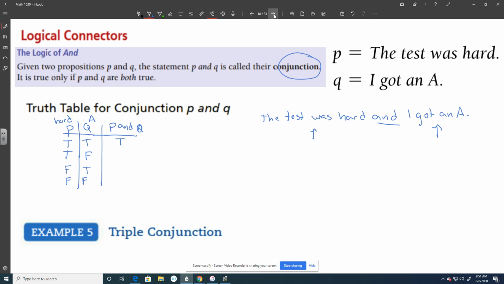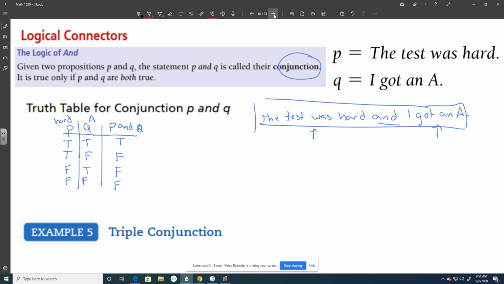So that means this statement is true. But if it was hard but you didn't get an A, then the overall statement, this big statement right here, is false because it didn't do both. If the test was not hard but you got an A, then again, this statement is false. And if the test was not hard and you did not get an A, then this whole statement is false again. So the only way this statement has a truth value of true is if they're both true.